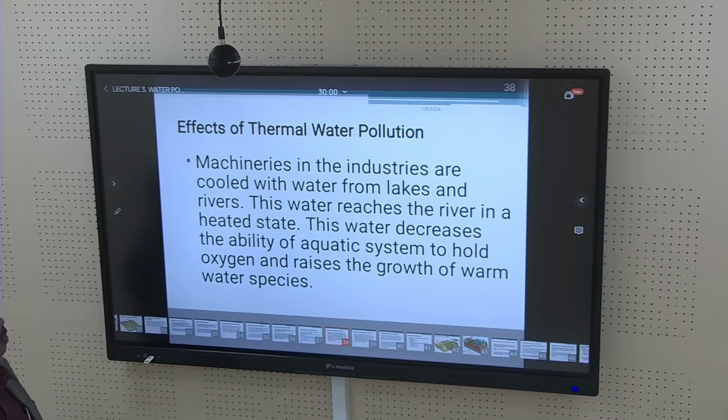If it is allowed to enter the water body when it is hot, which is not normal, it can lead to changes in the state of the water, which is not favorable for organisms living in the water body.